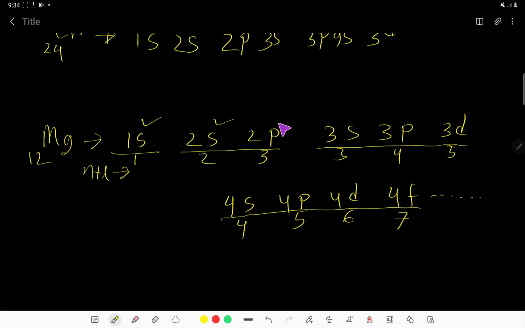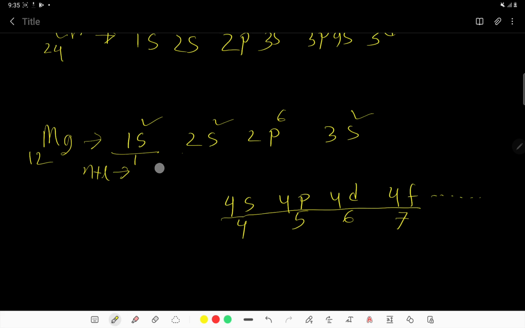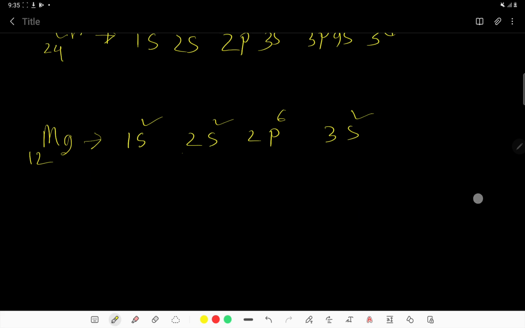So 2p6, 8, 10, right? Then we need to put 2 more electrons in the second energy 3 subshell, that is here, and we don't need these subshells, right? At last I will delete these things. So this is the third way, I think.